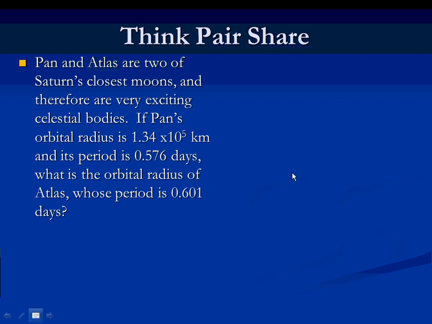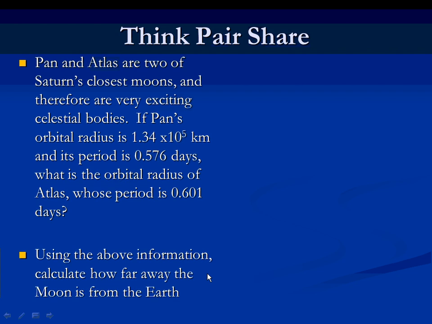Once you're done with that, see about this next guy. Using the above information, calculate how far away the moon is from the Earth. Where, of course, we know how long it takes the moon to go around the Earth. Something that you should think about before you jump right in is this ratio business.